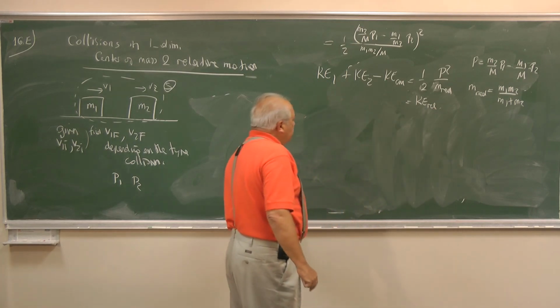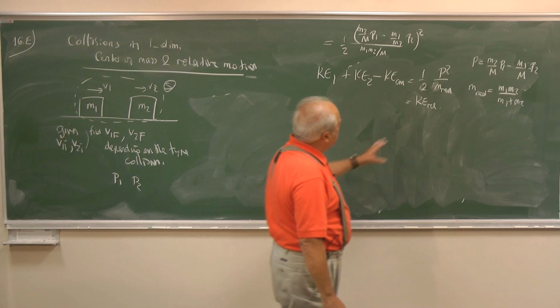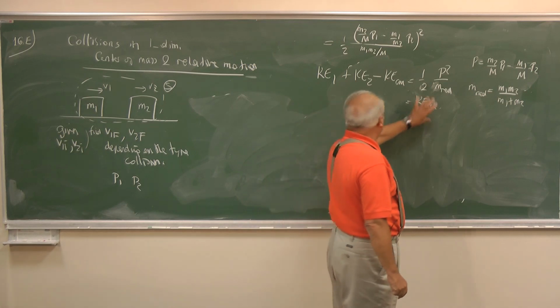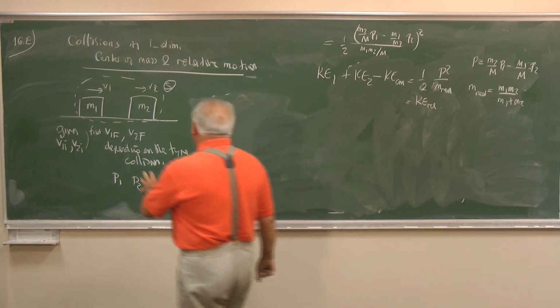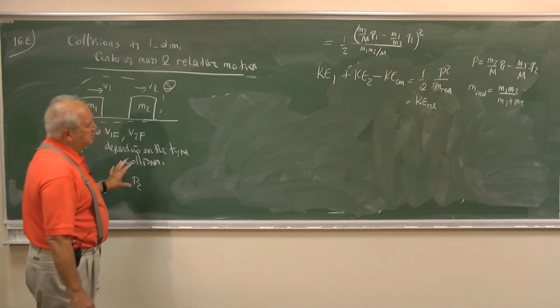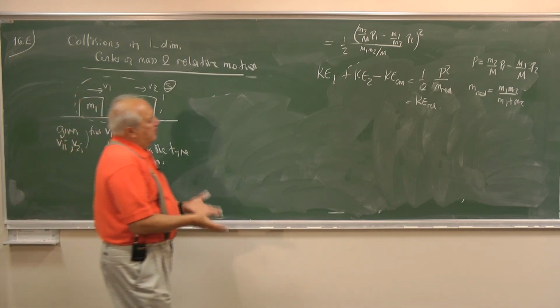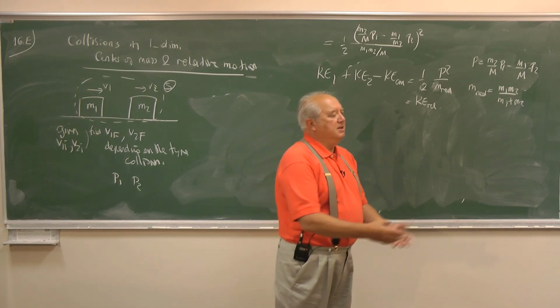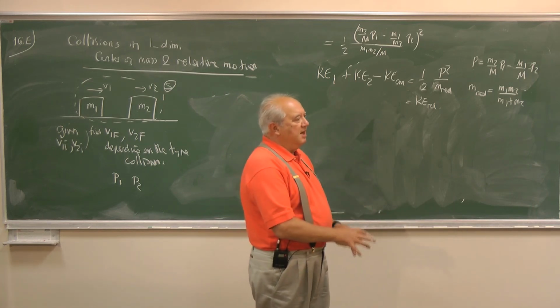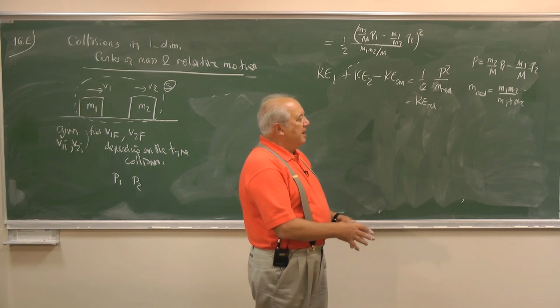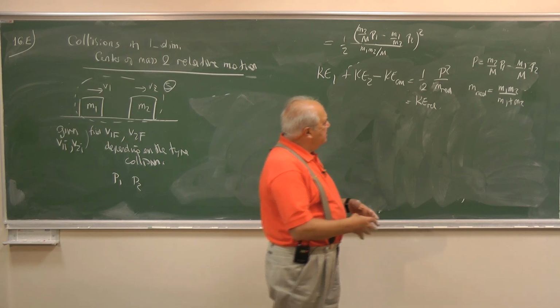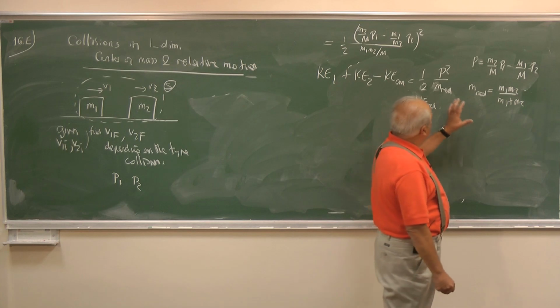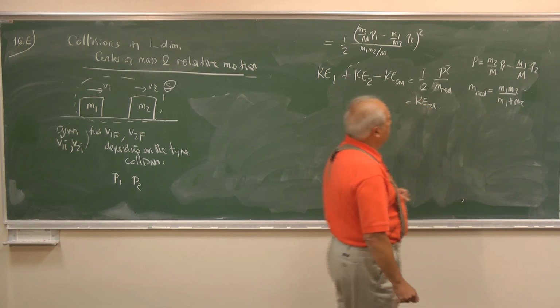So collision is basically what is happening to the kinetic energy of the relative motion, depending on the type of the collision. Okay? So forget about the center of mass motion. It is moving constantly. It has constant energy because it has momentum. But that's not the dynamics. Dynamics is what is happening in the relative motion.